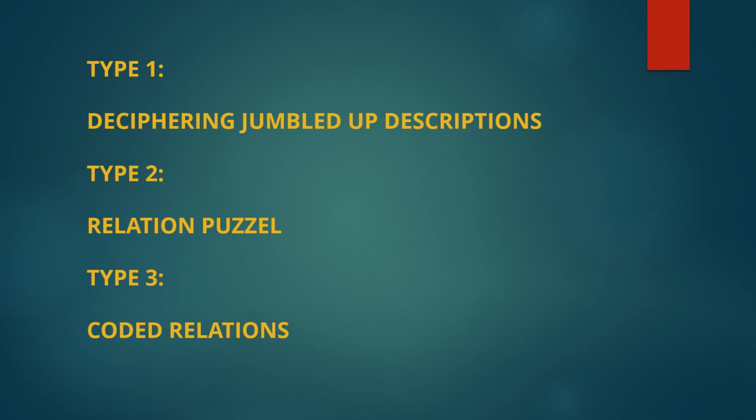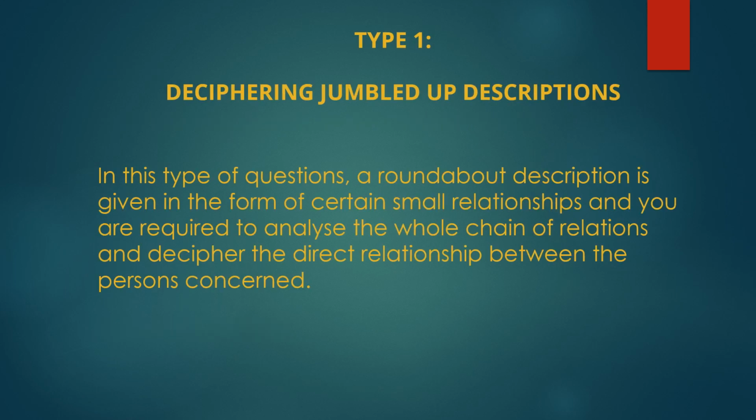There are three types in these reasoning questions: deciphering jumbled up descriptions, relation puzzle, and coded relation. These are the three different types we have in blood relation reasoning questions. So what is this deciphering jumbled up descriptions?